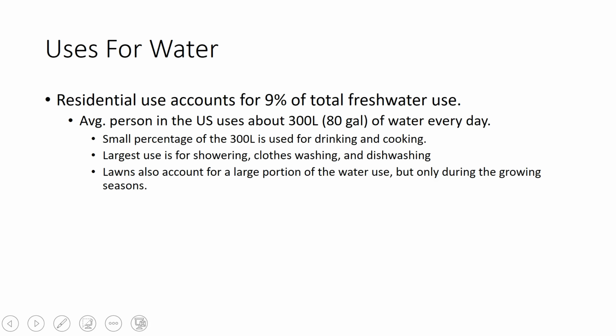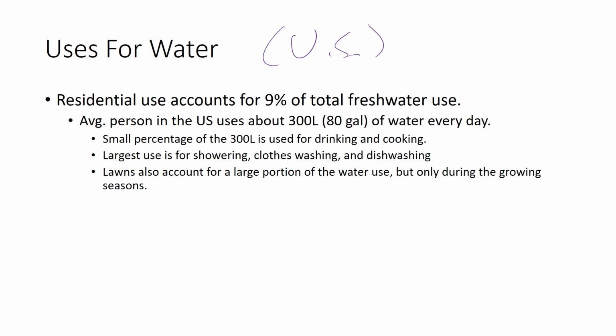Okay. So residential use or household use accounts for about 9% of total freshwater use. And this is in the United States, by the way. These numbers would be different in other countries, but this probably represents most of the industrialized world. So most of your water is not for drinking and cooking.